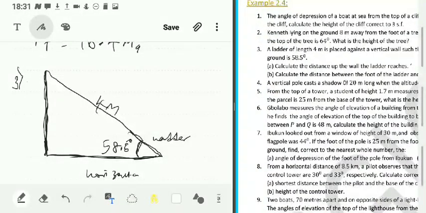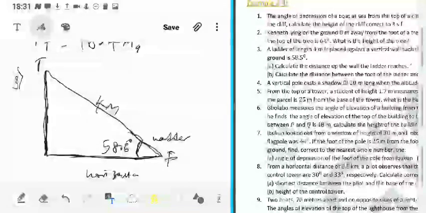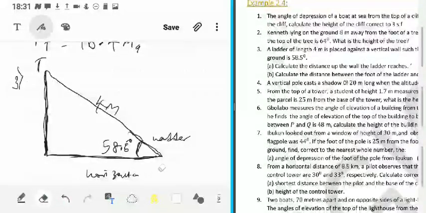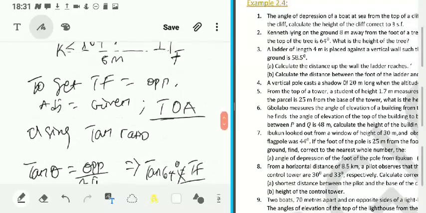Let me call this T for the top, and B for the bottom of the wall. Okay, sorry, something just crossed my mind.